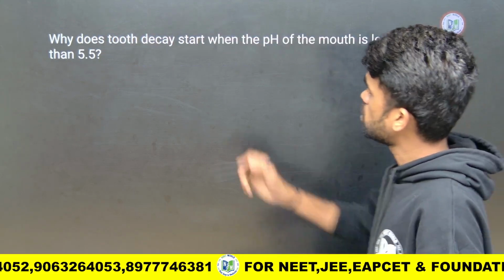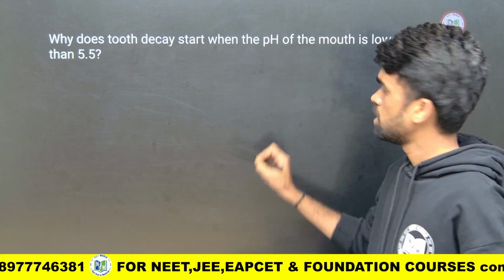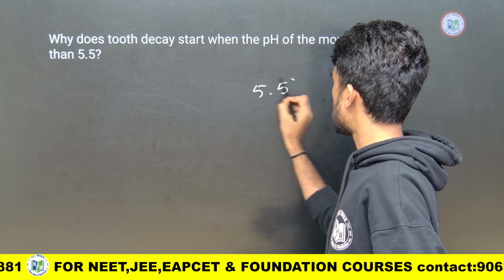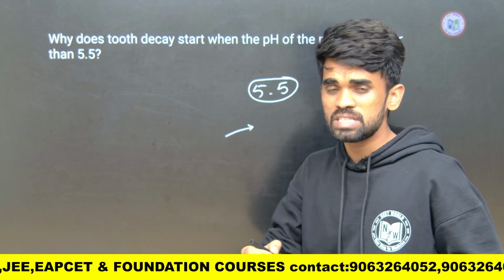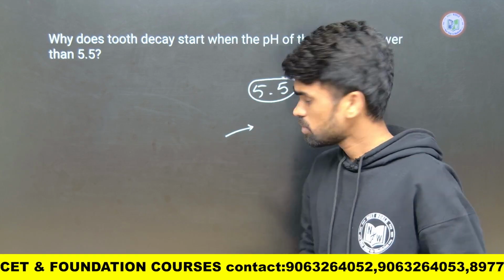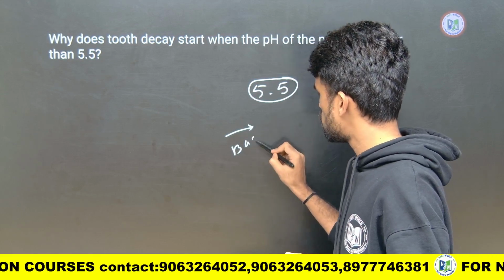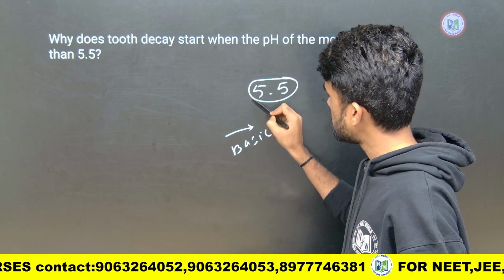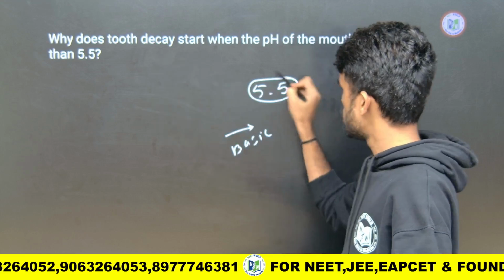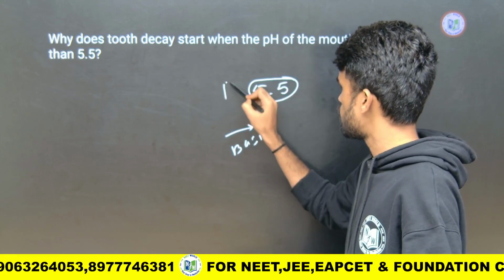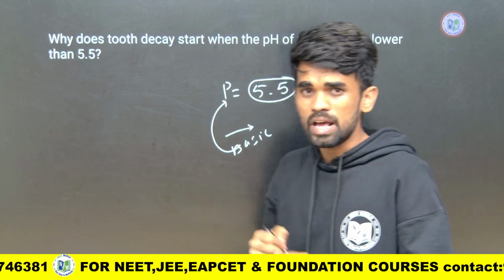Next one. Why does tooth decay start when the pH of the mouth is lower than 5.5? I already explained this clearly. The tooth enamel is made up of calcium phosphate, which is a hard substance. This calcium phosphate has a basic nature, right? When the mouth pH falls to around 5.5 or lower, this basic substance is in an acidic medium, so neutralization takes place.